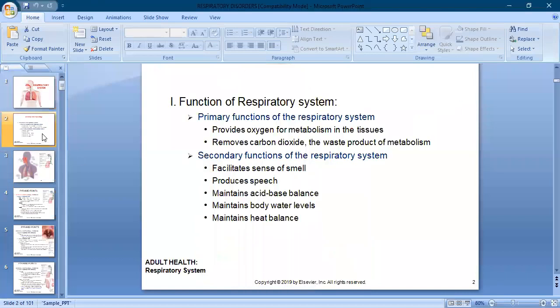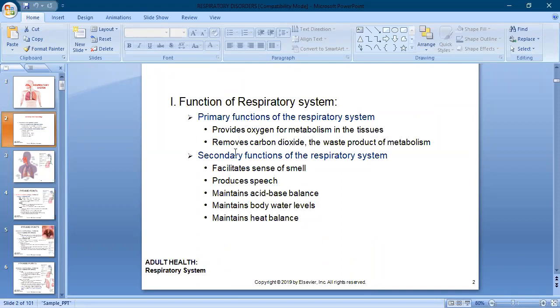Now go here. So what is the normal function of the respiratory system? They divide the function according to the primary function and secondary or other functions of the respiratory system.